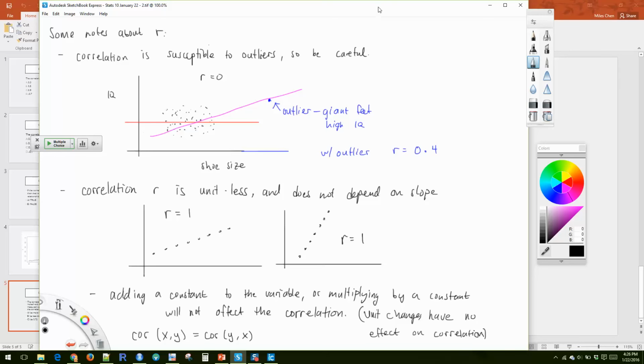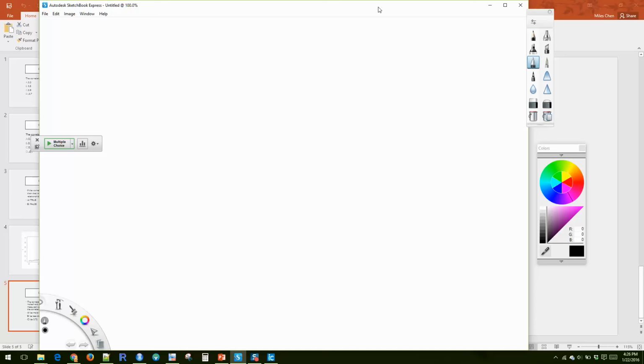Okay, so once we have correlation, it can be useful to then try to model a linear relationship. And so this is fitting a trend line, okay?